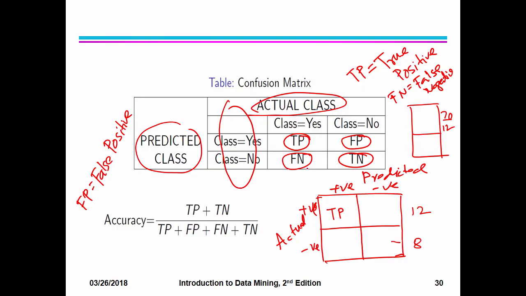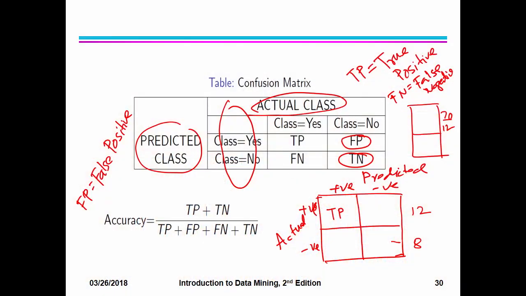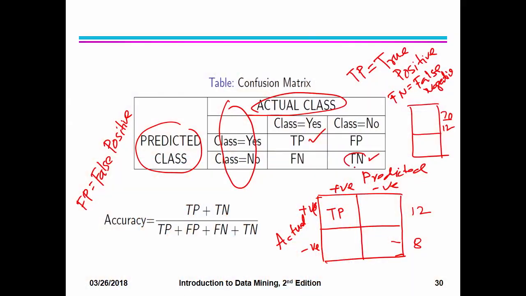The classifier predicted a negative class, but that is false, meaning actually it is a positive class, the classifier wrongly predicted it as negative. So, of the 4 entries, TP is where both agree, the classifier says positive and actually it is positive, and TN is where the classifier says negative and really it is negative. The mistakes are the false positive and the false negative.